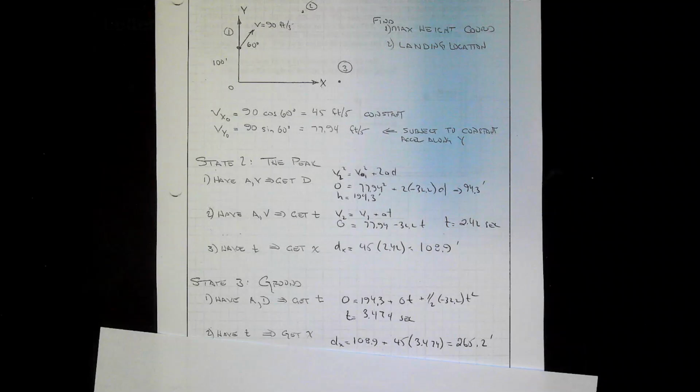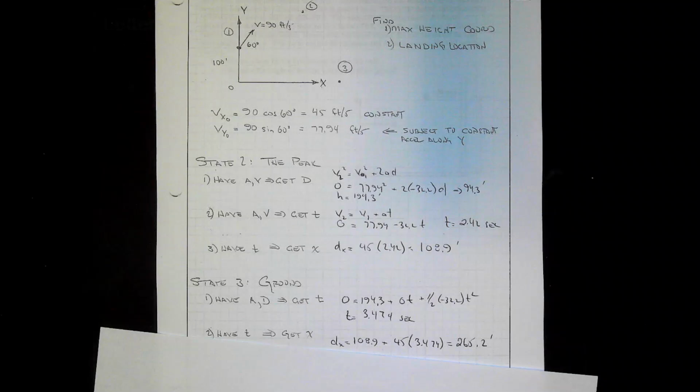So 0 equals 77.94 minus 32.2 times t. Solve: t equals 2.42 seconds. Now dx is simply 45 times 2.42, and that gives us 108.9 feet. Done. So we got step 2.